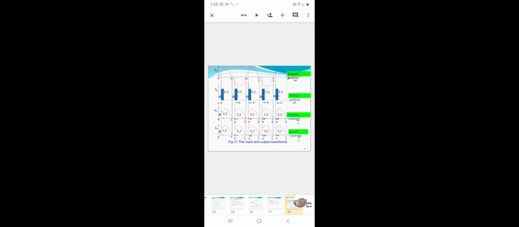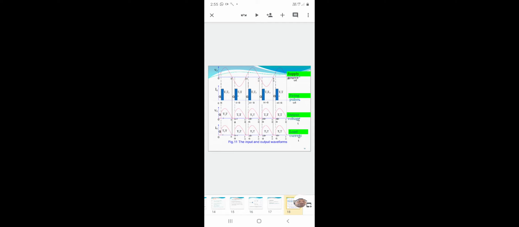One positive half cycle and one negative half cycle make one complete cycle. 2 pi to 3 pi is another positive half cycle, and 3 pi to 4 pi is another negative half cycle, the next complete cycle. So this is one cycle, two cycles, three cycles.